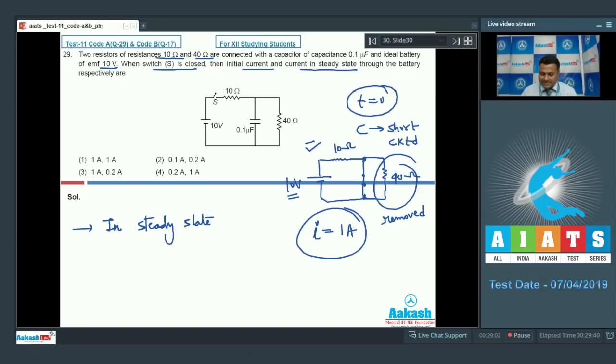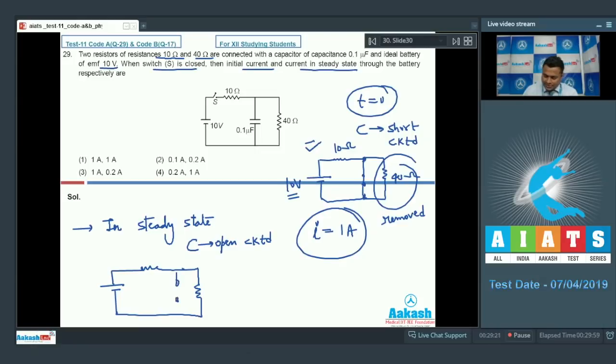we know that in steady state, in case of DC supply, capacitor is open circuited and circuit looks like here.